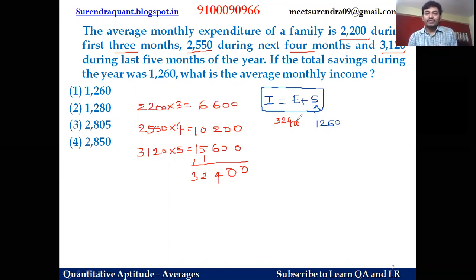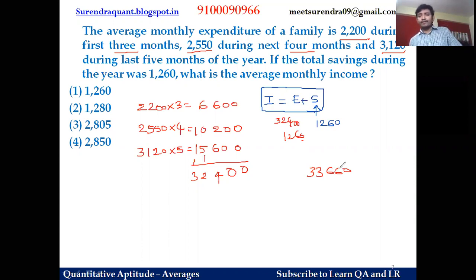So 32,400 plus 1,260 is 33,660. Now we got to know the total income of the year is 33,660.